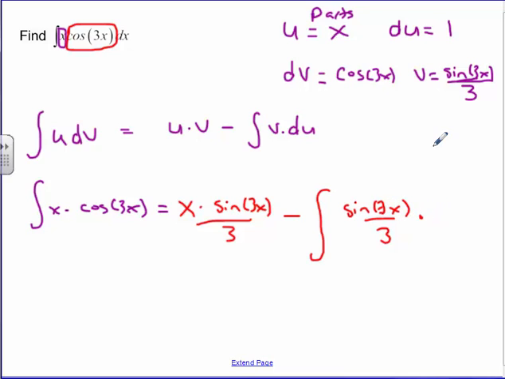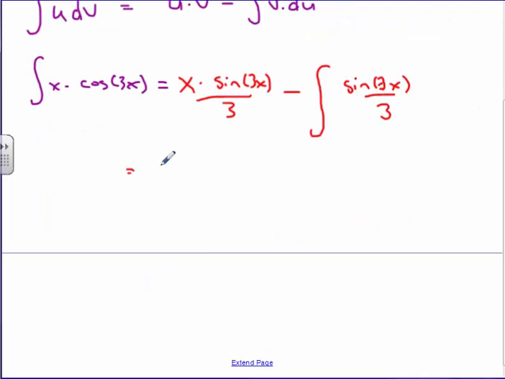But here's the linchpin to the whole thing. Since I picked x to be u, and it derives to du, which is 1, when I times by 1, I don't actually have to times this by anything, because timesing by 1 doesn't do anything. So my antiderivative is equal to x sine 3x over 3, but I still have an extra antiderivative to take.